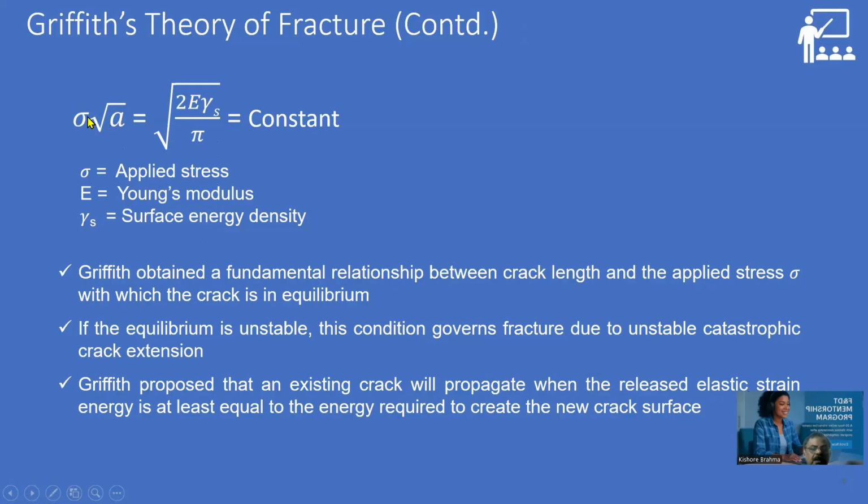So that's why the product remains always constant. Griffith obtained a fundamental relationship between the crack length and the applied stress sigma, with which the crack is in equilibrium. If the equilibrium is unstable, this condition governs fracture due to unstable catastrophic crack extension. Griffith proposed that an existing crack will propagate when the released elastic strain energy is at least equal to the energy required to create new crack surfaces.